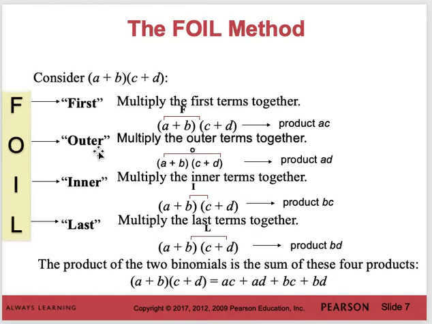And L standing for last, we're multiplying the last terms in each of the parentheses together. In this case would be b times d. So the product of two binomials would then be equivalent to saying a times c first, plus a times d outer, plus b times c inner, plus b times d last.